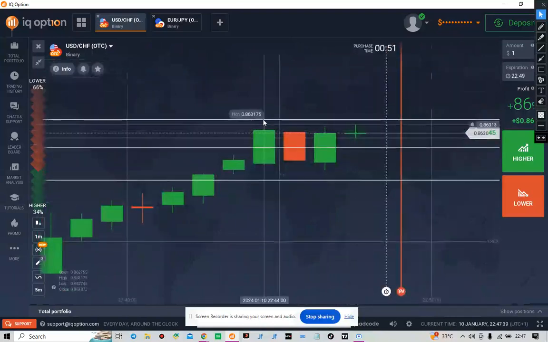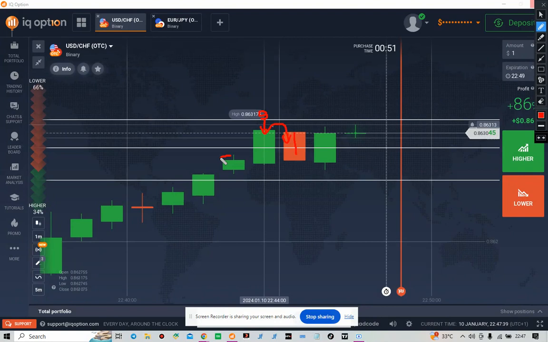So when this candle rejects, it means there are some sellers here, waiting to sell the market. They rejected the price, and sellers entered again on the next candle and pushed the price down.